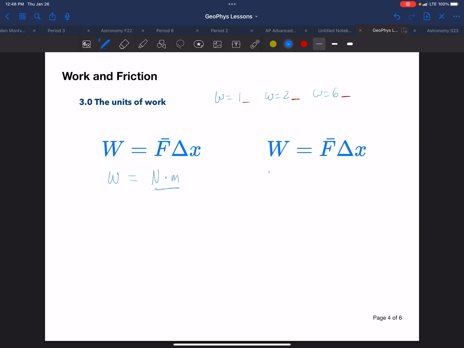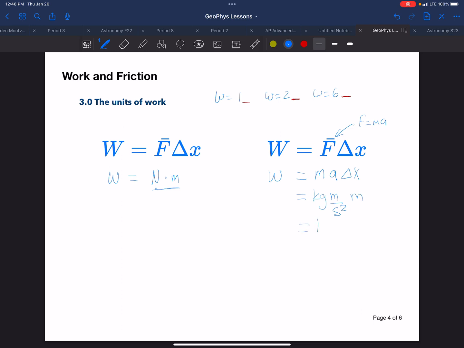Well, we can also look at force, and since we know force is equal to mass times acceleration, we could put mass times acceleration times delta x. And we know that mass has units of kilograms, acceleration has units of meters per second squared, and displacement has units of meters.